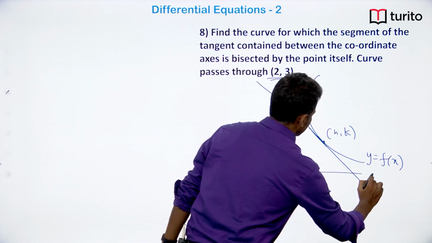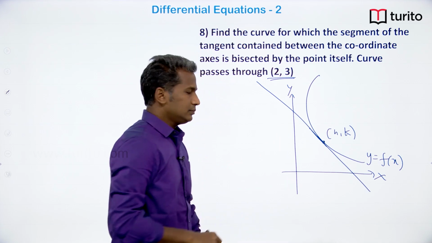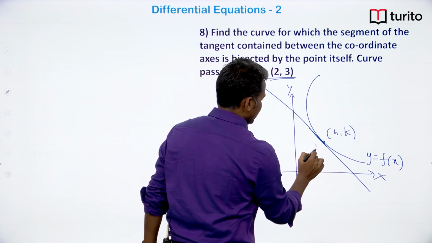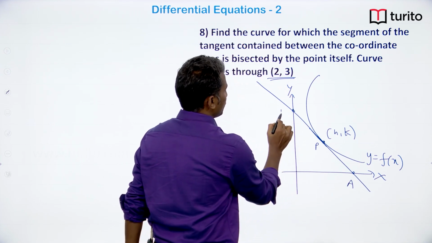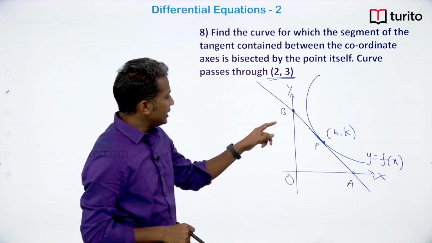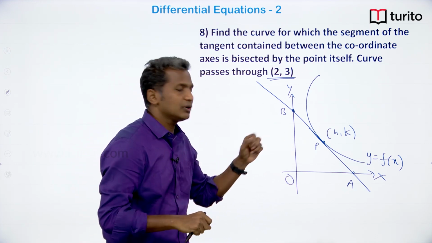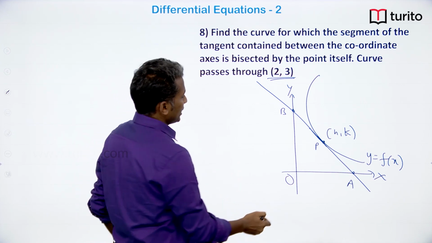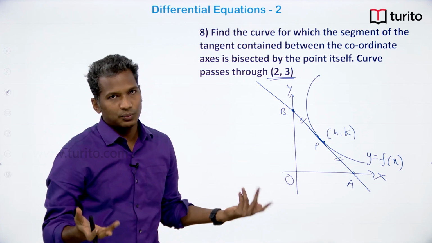There is x axis and y axis. If I take this point as P, this point as A and this point as B, origin as O, then P is supposed to bisect the tangent contained between the coordinate axis. So, that means this length must be equal to this length, P must be the midpoint.